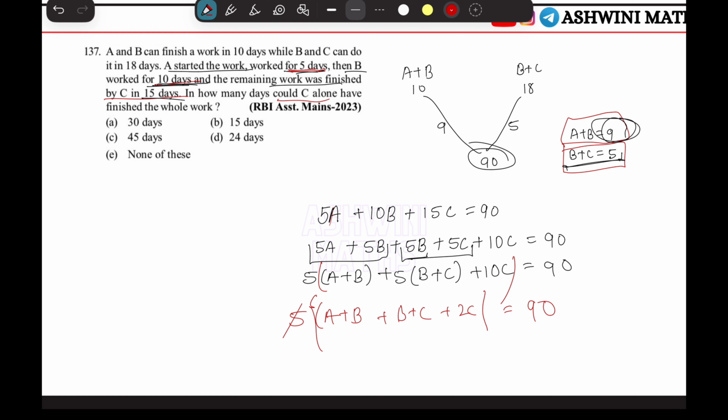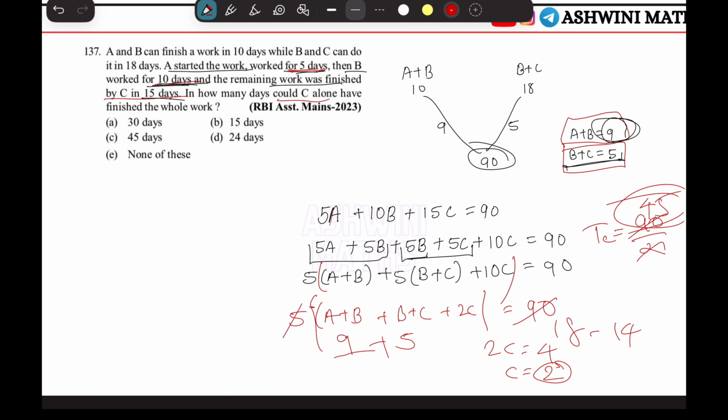Clear? It comes out to be 18, and this value is given to you as 9, this is given to you as 5, so it is 14, and subtracting 14, 2C is equal to 4, so C is equal to 2. So the number of days taken by C is equal to 90 by 2, which comes out to be 45.